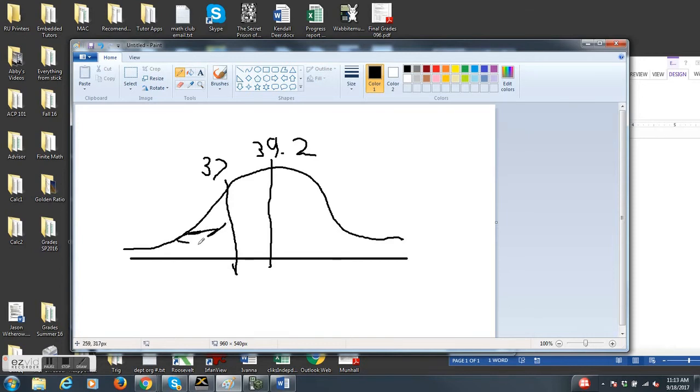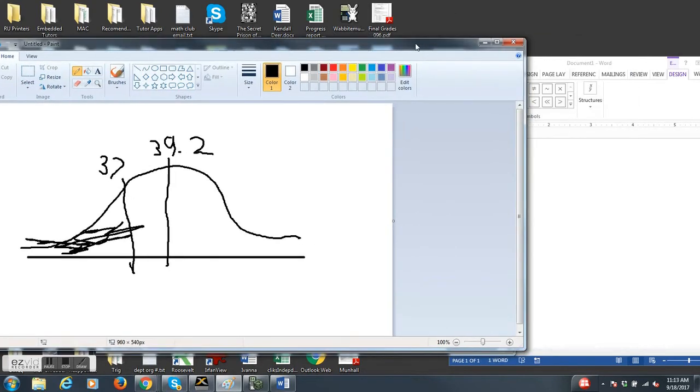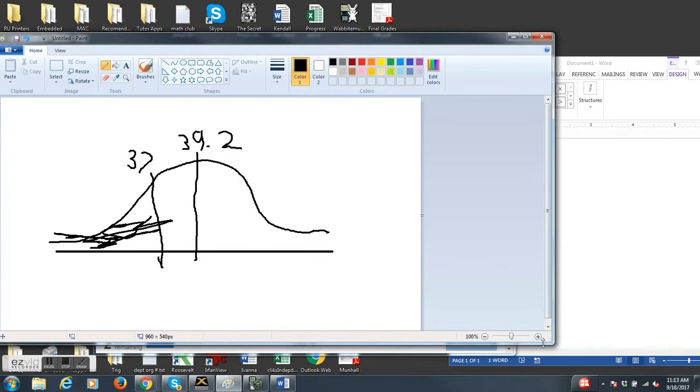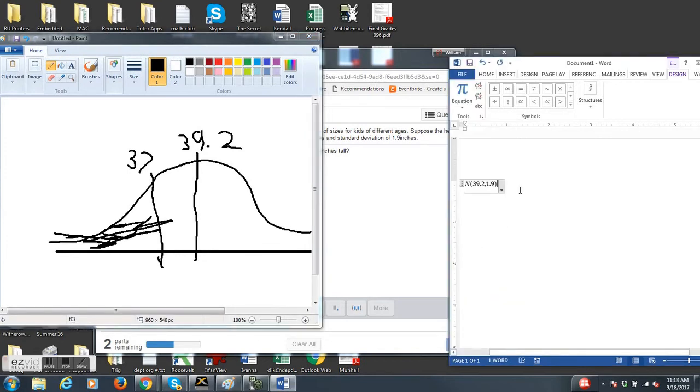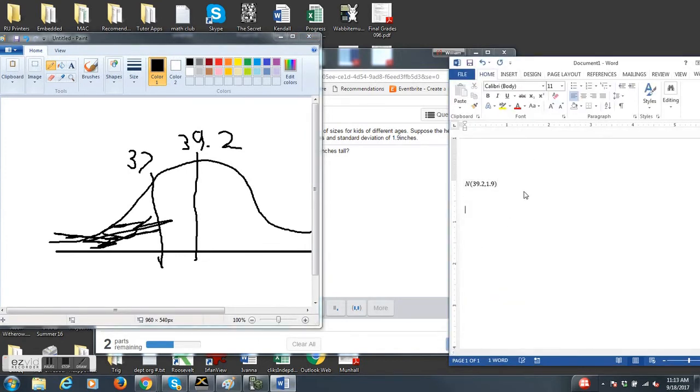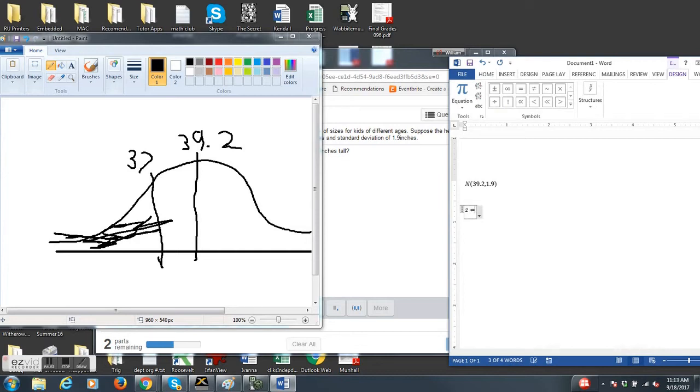The first thing I've got to do is convert this into a z-score. I'll make this a little bit smaller and pull back up my Word document. As a z-score, it's x minus mu divided by sigma.